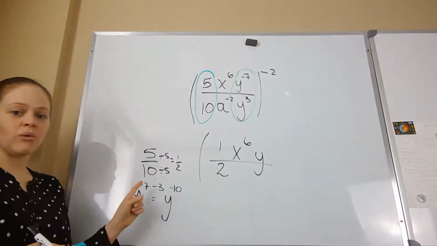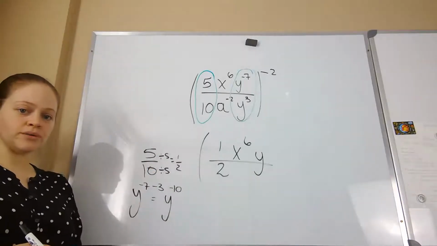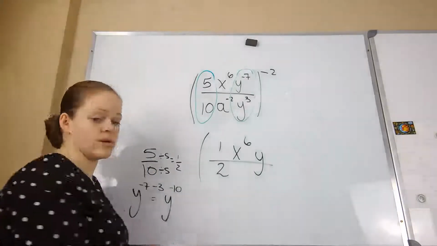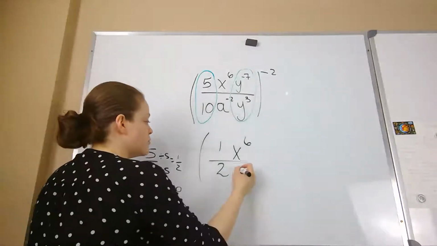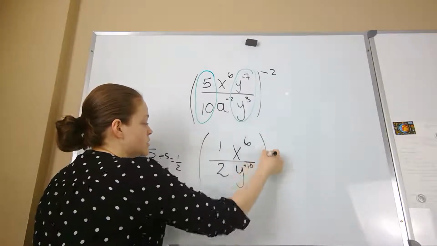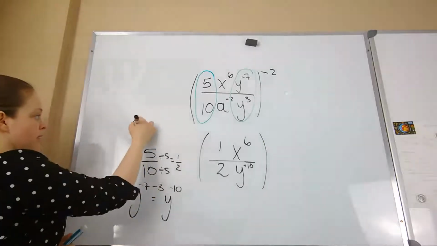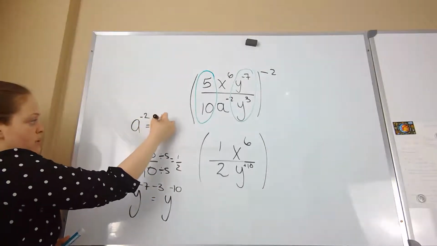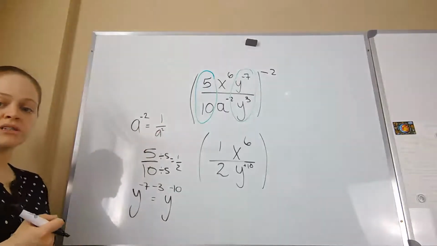Okay? Where this is negative as our result, we're going to put it on the bottom. So instead of the top, we're going to go straight to the bottom. Because it is negative, when we have a negative exponent, we do take the reciprocal, right? So if I have a to the negative 2, that's going to be 1 over a squared. So take the reciprocal, change it to a positive exponent, okay?